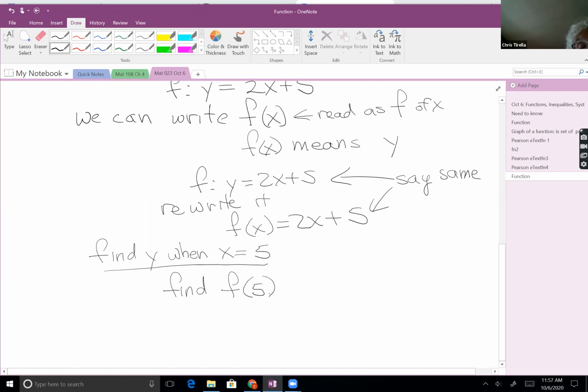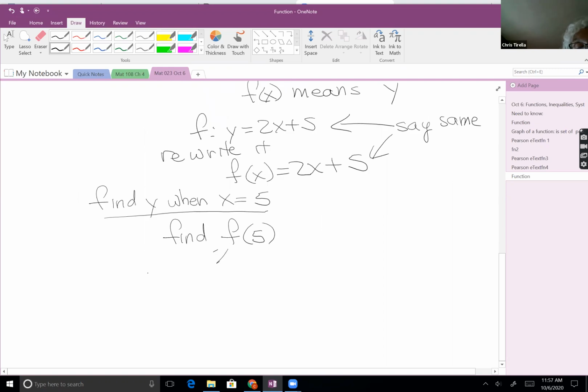And over here, we're being told to use the function f, and because the 5 is in parentheses where x is, we're being told to substitute x equals 5.